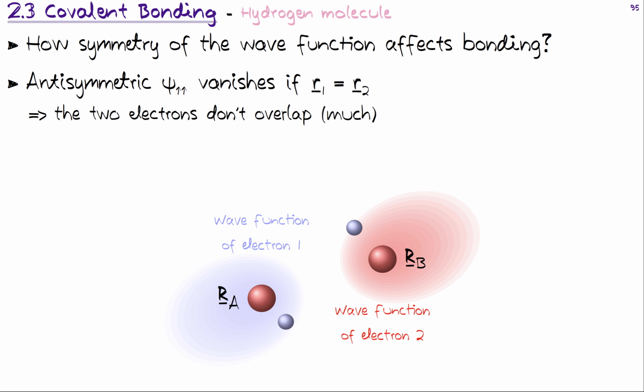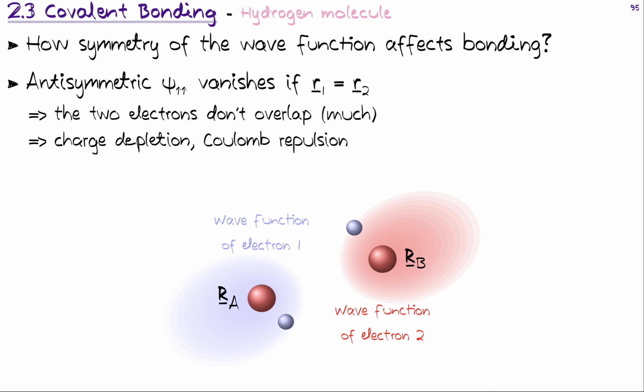And because the modulo square of the wave function tells the probability of the electron to be there, if it vanishes, this means that we just don't have electrons there in between. That means that the two electrons don't really overlap much. Because of this, we in fact have charge depletion between the atoms, and we will have Coulombic repulsion between the atoms.